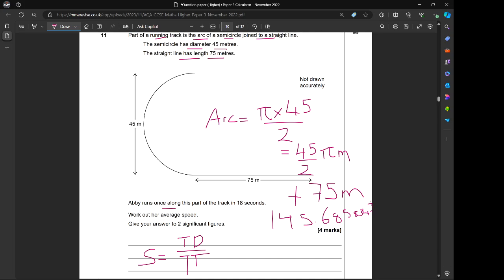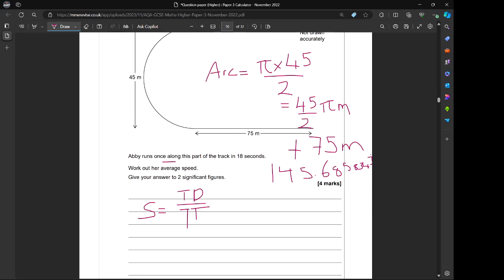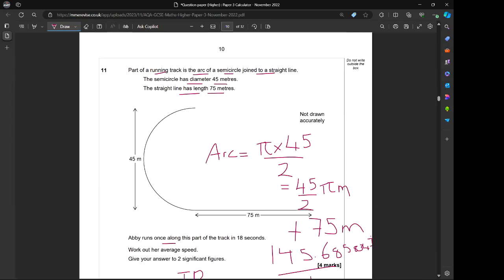That's my total distance. Now I divide by 18, and we get 8.09, or 8.1 meters per second to two significant figures. And that, guys, is my answer to question number 11.